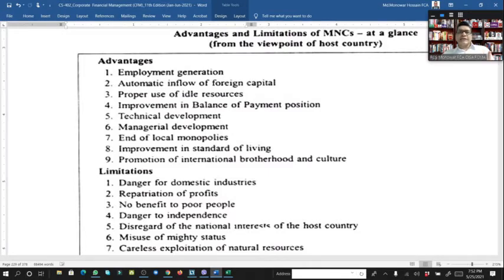So it's also an advantage. Other advantages are proper use of idle resources, improvement in balance of payment position, technical advantage, managerial development, end of local monopolies, improvement in standard of living, and promotion of international brotherhood and culture.